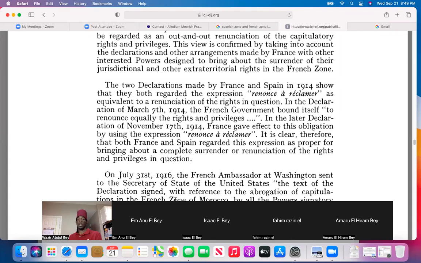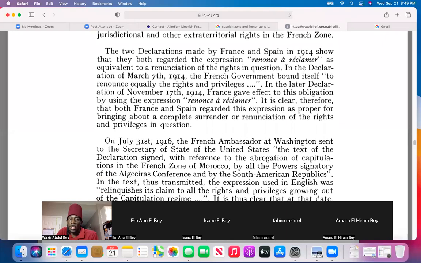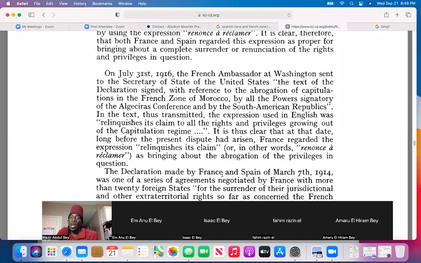On July 31st, 1916, the French ambassador at Washington sent to the Secretary of State of the United States the text of the declaration signed with reference to the abrogation of capitulations in the French zone of Morocco by all the powers signatory of the Algiers Conference and by the South American republics.